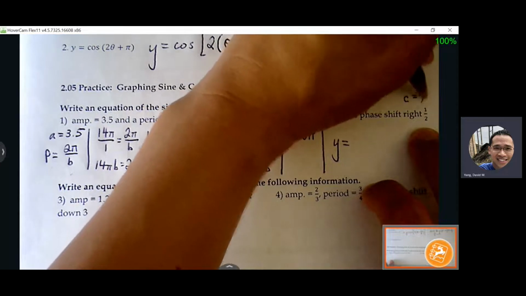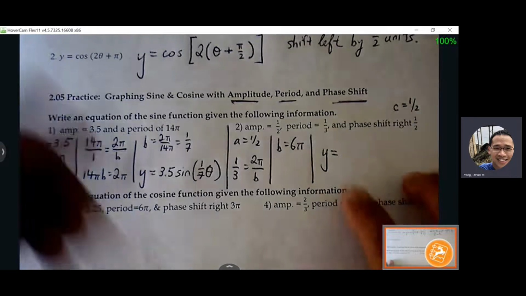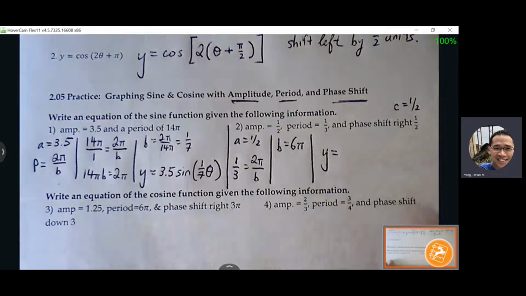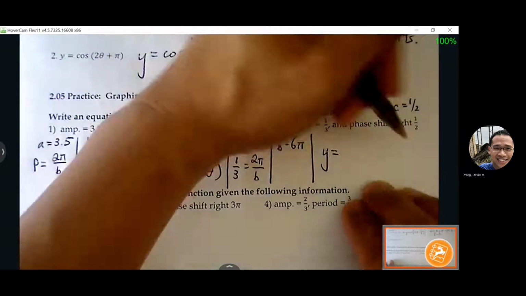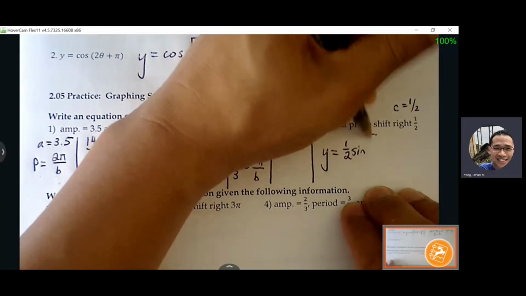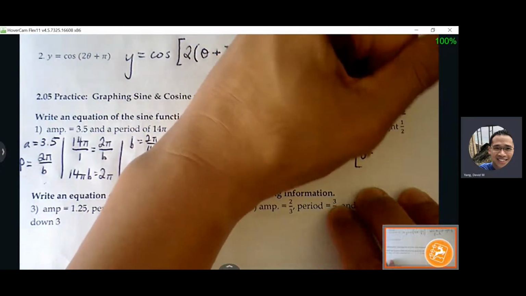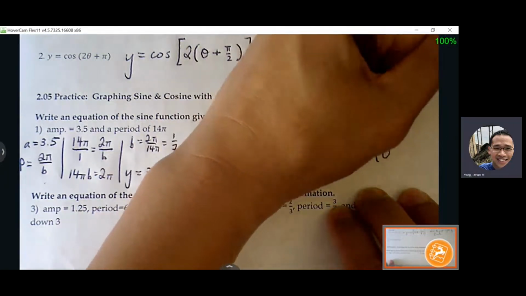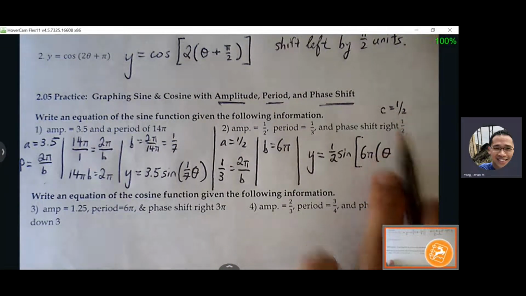So we know that's going to be the C value. That's going to be what's added or subtracted inside that parentheses with the theta. So Y is equal to sine, bracket, our B value, 6 pi theta, and then what do we do? Minus or plus 1/2?